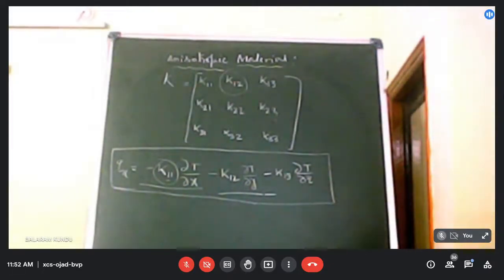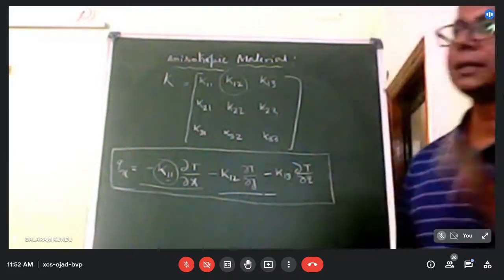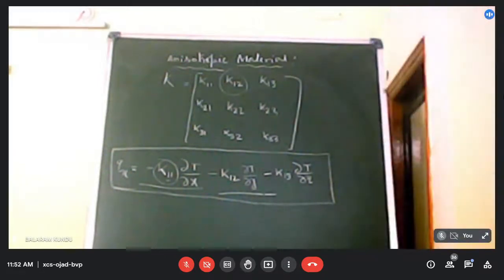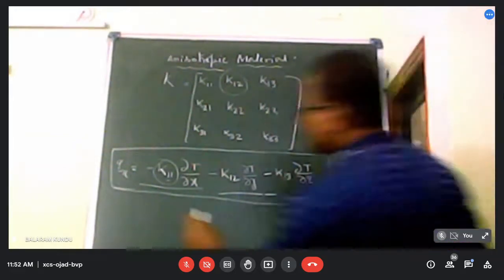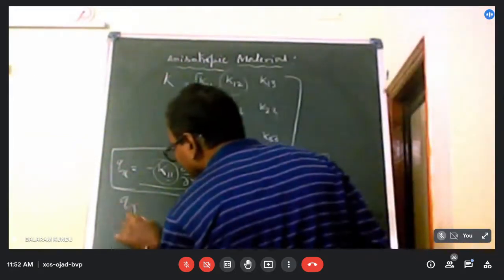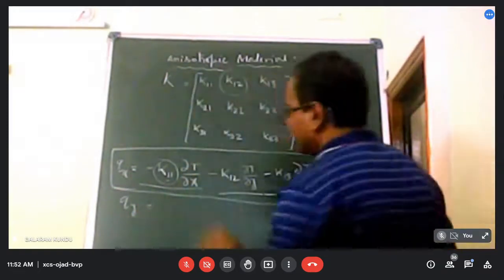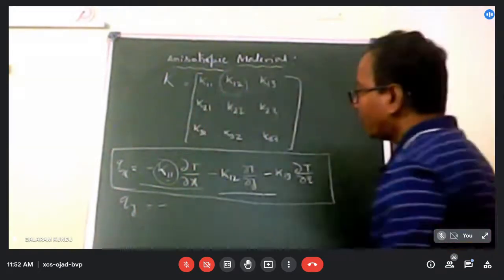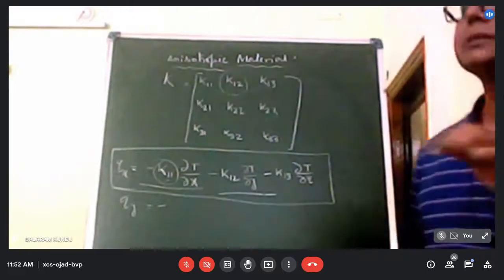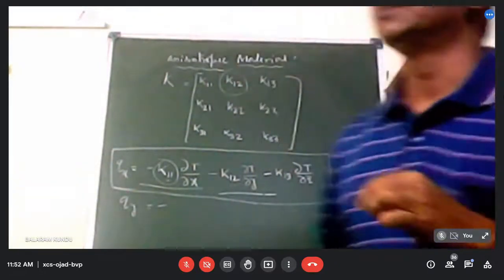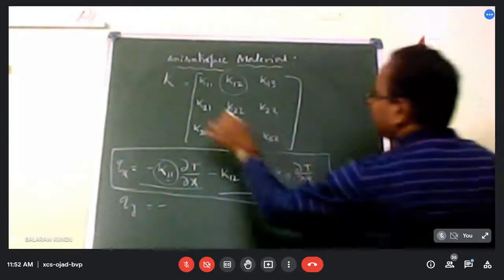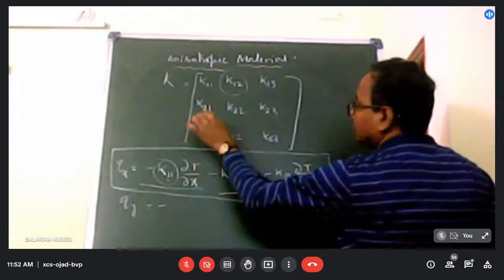In a similar fashion, if you want to write the heat flux in the y direction for the anisotropic material, it will be Qy, equal to minus, where y means the direction of heat transfer is the 2 direction. So the thermal conductivity first suffix 2 should be there.